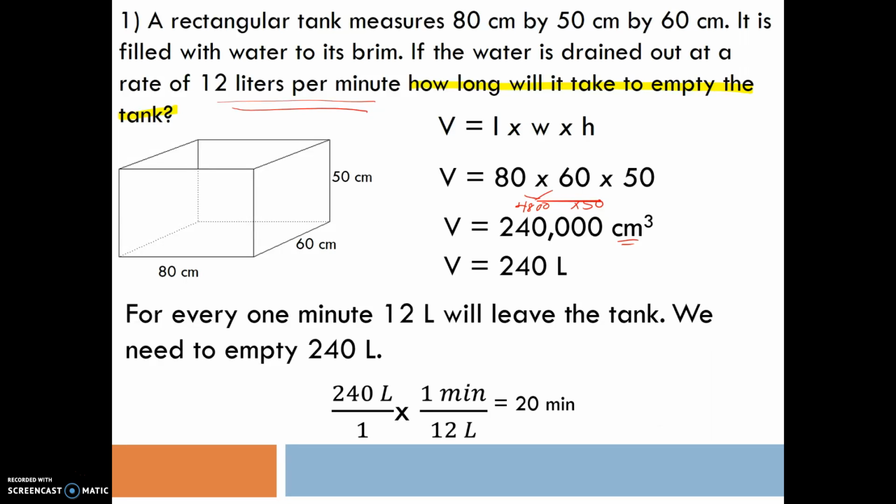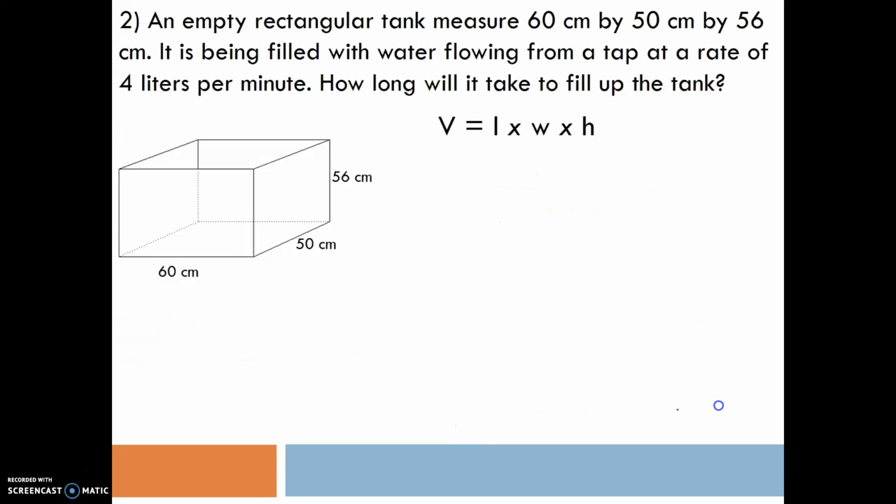This is why I've been having you practice unit conversions this way. So we have 240 liters to work with, right? And for every 1 minute, 12 liters are emptied. So we're going to set that up 1 minute per, my fraction bar can mean per, 12 liters. Our liters cancel out, and I'm left with 240 divided by 12, which is going to equal 20 minutes. So my answer to this problem is just 20 minutes.